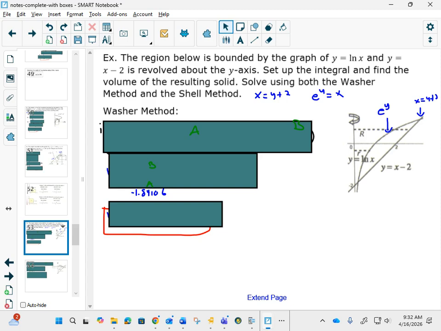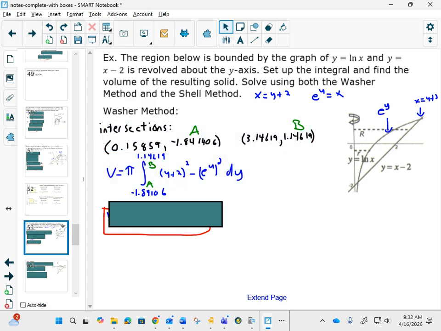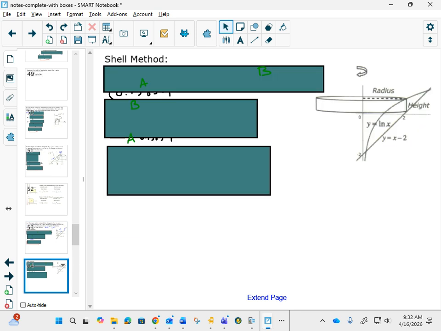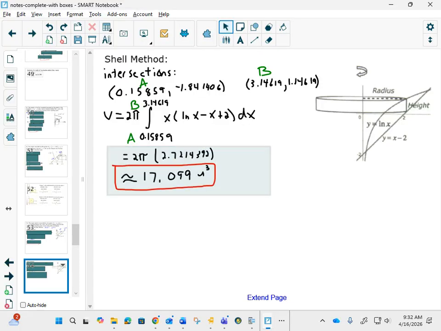So notice before these were x equals equations, they set themselves up nicely to be in terms of y. If you wanted to use the shell method, you would have to rearrange these equations. Okay? This is a typical exam question because it was set up to do the washer method because they already had x equals. We get the exact same answer using the cylindrical shell.